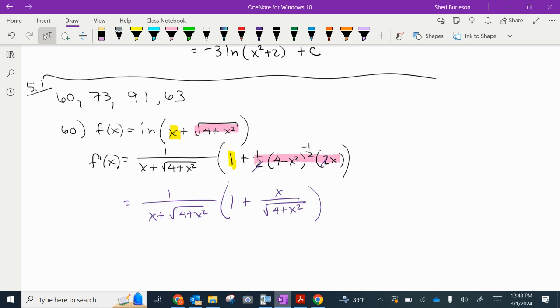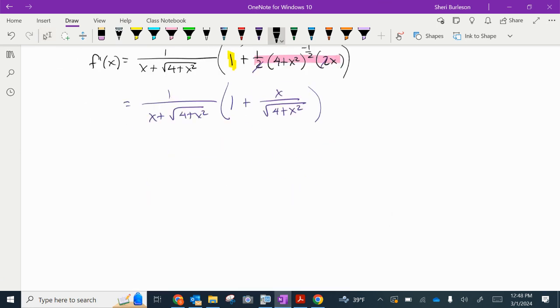All right, so 63 was y equals the natural log of the absolute value of cosine x over cosine x minus 1.